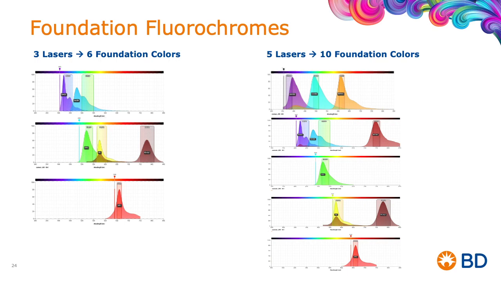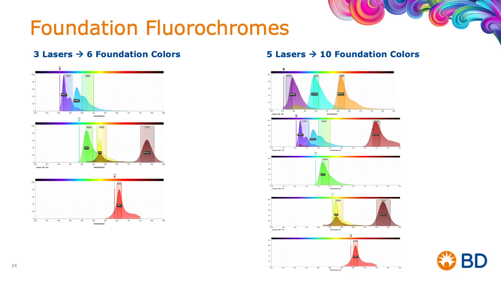So on the left, we can see we have 3 lasers, and we can start really narrowing down on fluorochromes that are spaced out across different lasers, across different areas of the spectrum, and they minimally overlap. As a result, there will be no spillover or minimal spillover and minimal spread.